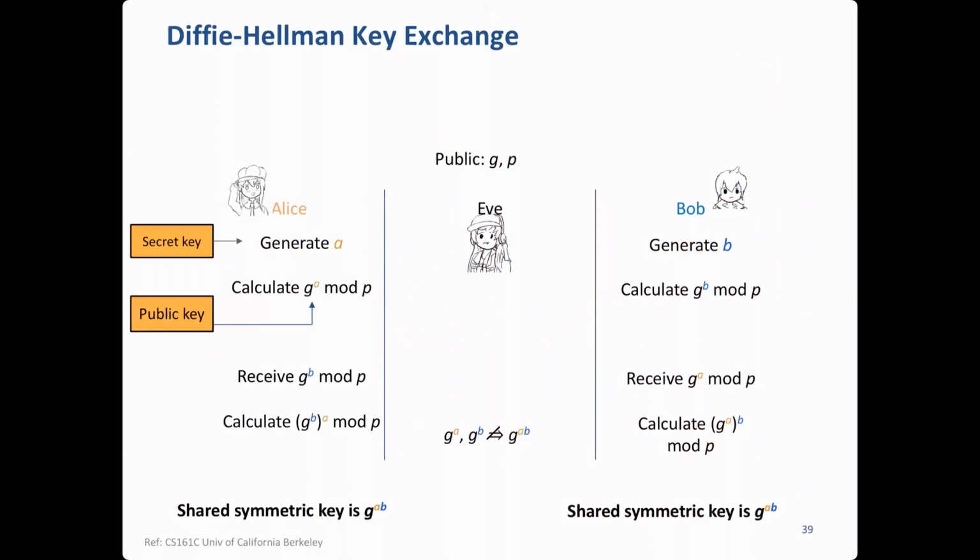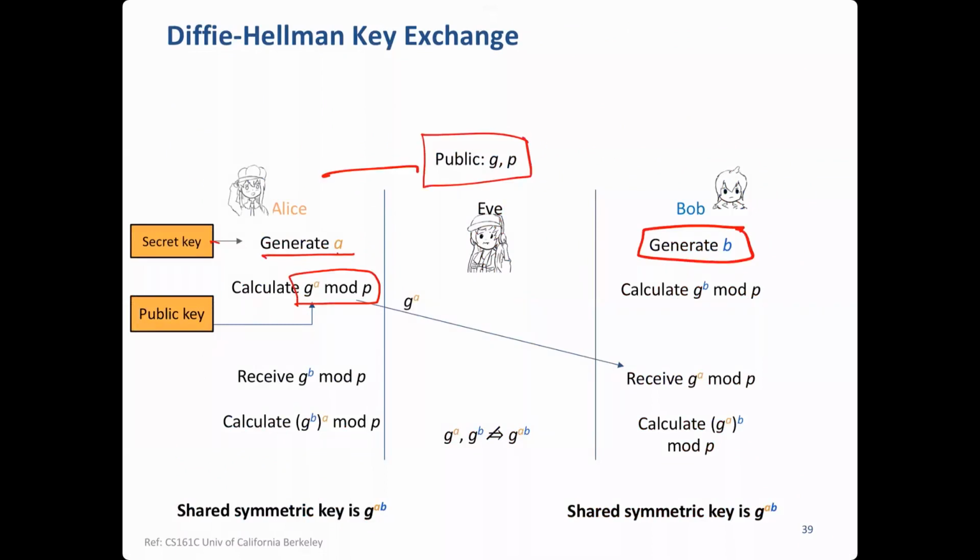So this is the process shown pictorially. Alice generates secret key A. Bob generates secret key B. In the first step, Alice calculates her public key from her private key, which is G^A mod P. Notice that G and P are public. Everyone knows them: Alice, Bob, and Eve.